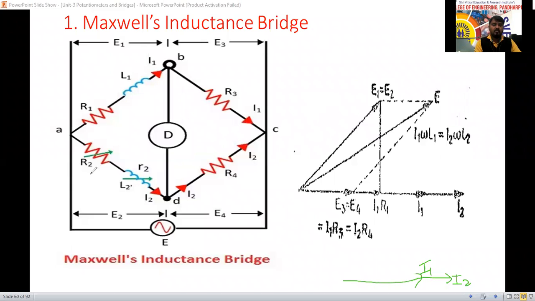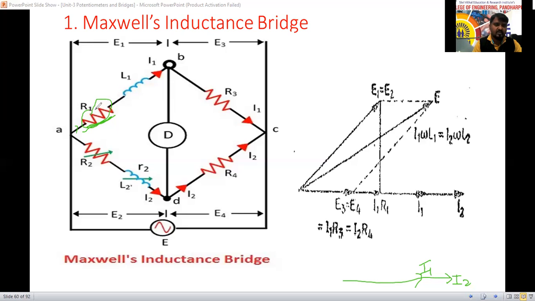First I will do this I1 current. It will flow here. What is this part? I1 will flow here. What is this? I1 R1. I1 R1 means the voltage drop across this R1 only, we can call. V1 equal to I1 R1 we can write. The voltage drop across this R1 is nothing but I1 R1.